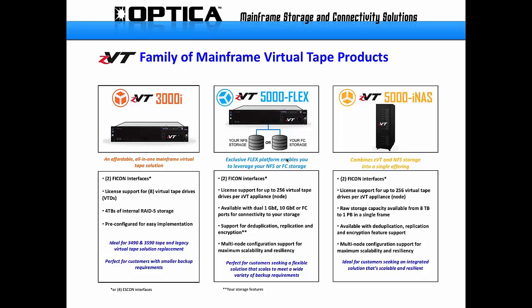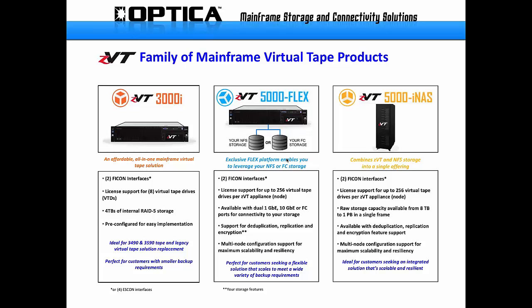Okay, moving all the way to the right is our 5000 INAS, and this is essentially the same virtual tape engine as the 5000 Flex and the 3000i, but it comes integrated with NFS storage. So if you're looking for an integrated solution that includes the NFS storage, it's the 5000 INAS that's for you.